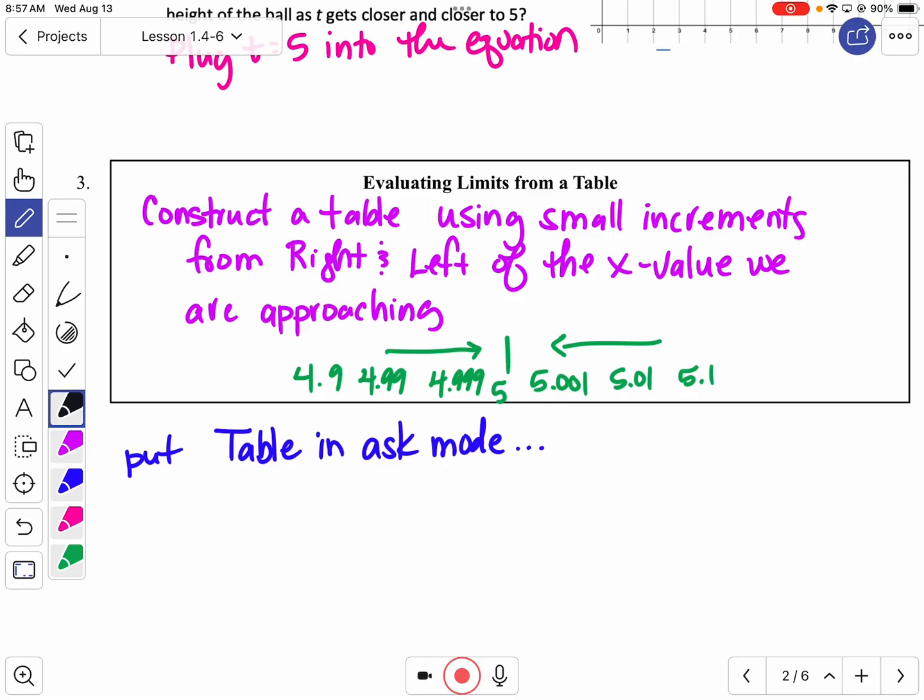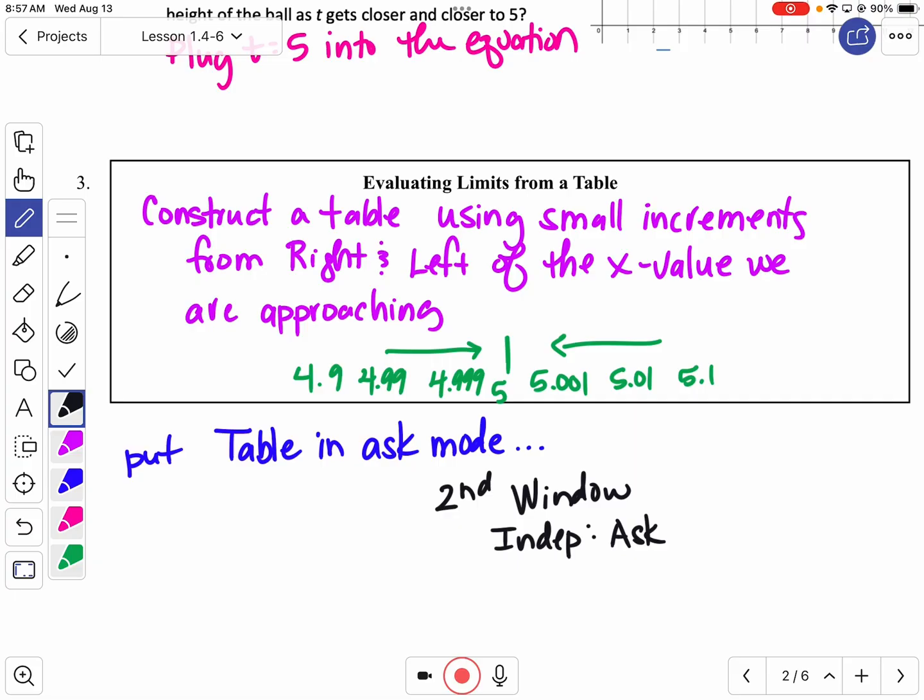The easiest way to do that is, let me think of the keystroke. Second window. Okay, second window, and your independent variable, you're going to put it in ask.